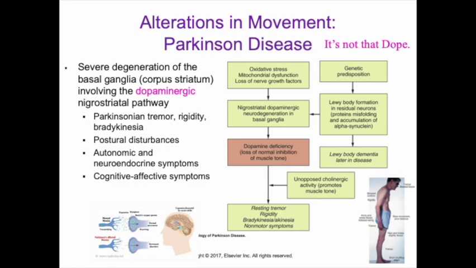Only dopamine. It's a complex motor disorder that's accompanied by systemic, non-motor, and neurologic symptoms. And the onset of primary Parkinson's begins after the age of 40 years old, with the incidence increasing after the age of 60.